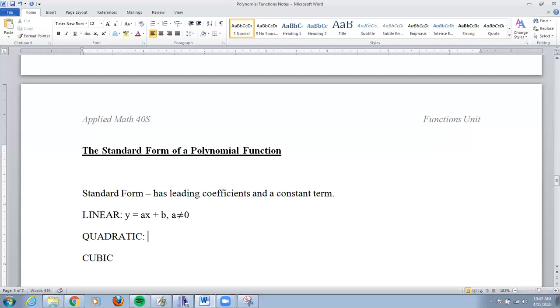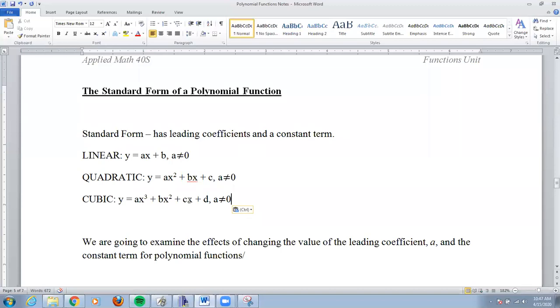Quadratic, you would have y equals ax squared plus bx plus c. Of course, a cannot be equal to 0 because then it would be a linear function. And cubic, the standard form would be y equals ax cubed plus bx squared plus cx plus d, where a cannot equal 0.